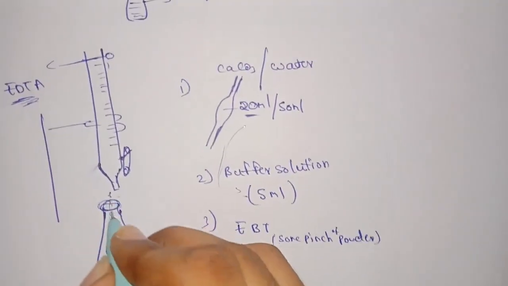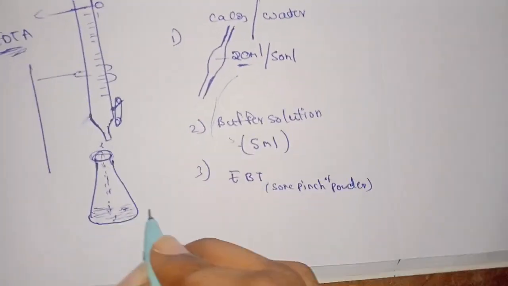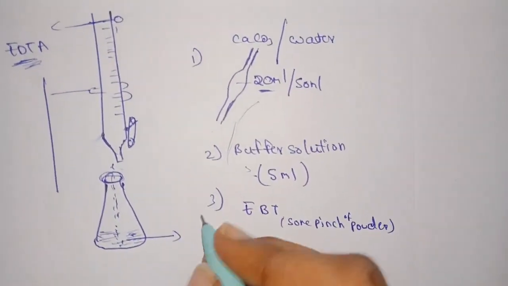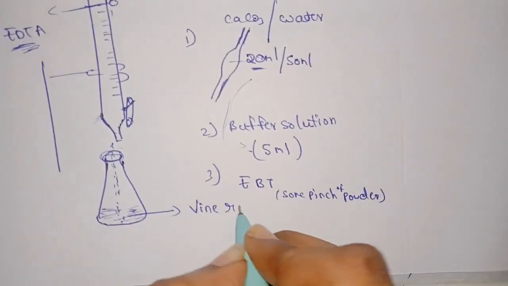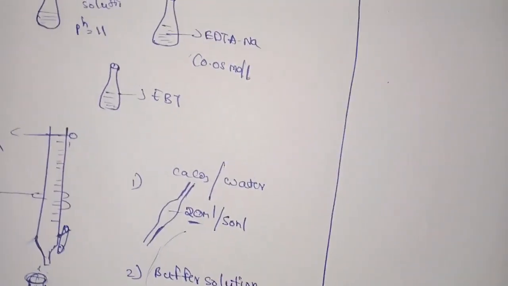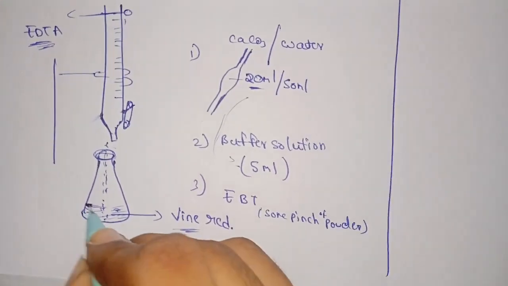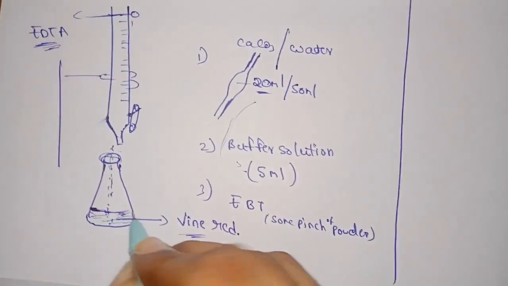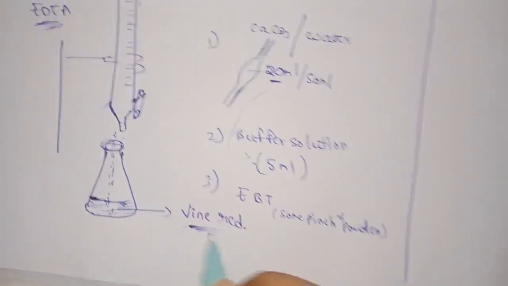After adding the EBT, this solution will turn wine red. Before the titration we should see that the color of the solution is wine red.